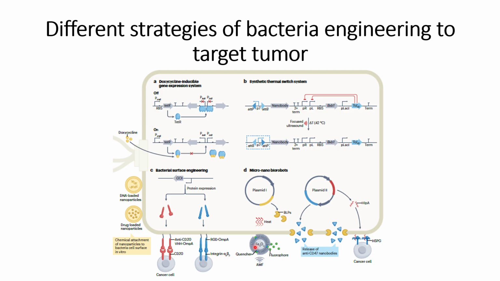The two examples shown here are against cancer cells expressing CD20 or cancer cells expressing integrin alpha V beta 3. The last method is the nanobot, where bacteria can be used as a nanobot, for example, and this nanobot can be activated with heat using an alternating magnetic field. Using the alternating magnetic field, the nanobot will be activated, and this activation is also coupled with fluorophore release, and thereafter this heat will cause the translation of a plasmid that releases bacterial lysate protein.